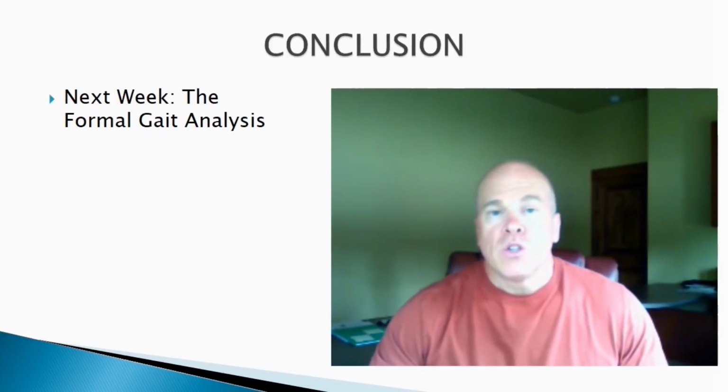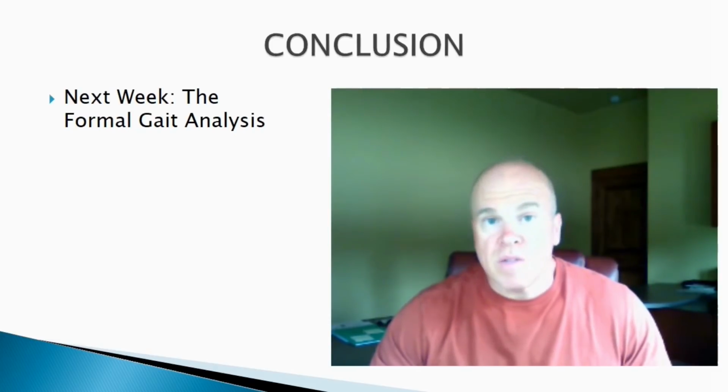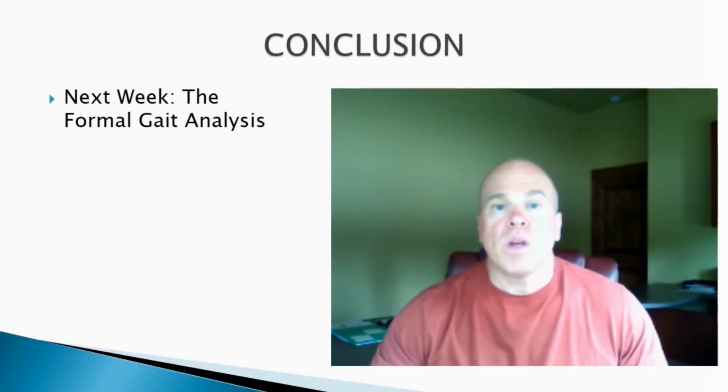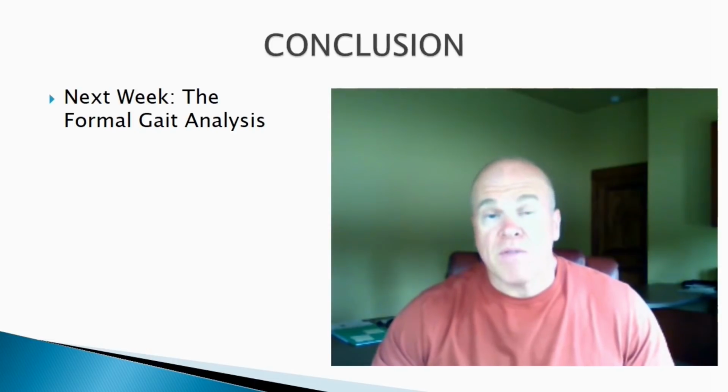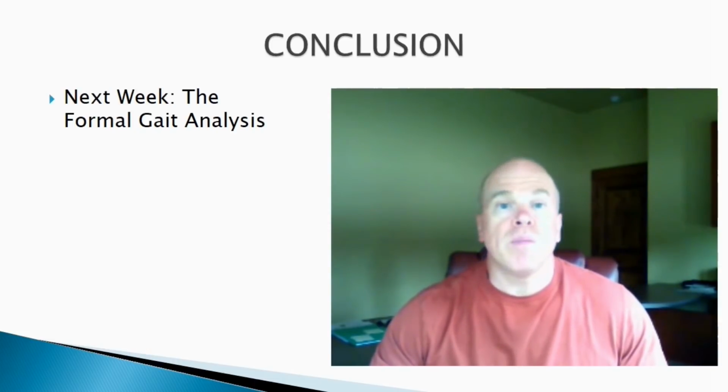So to review today's topics, we went into the phases of the normal gait cycle, including some extended discussion of the stance phase and the swing phases of gait. And we compared and contrasted pathologic gait with normal gait by looking at the stance and swing phases of gait from both the lateral view and from the anterior view.